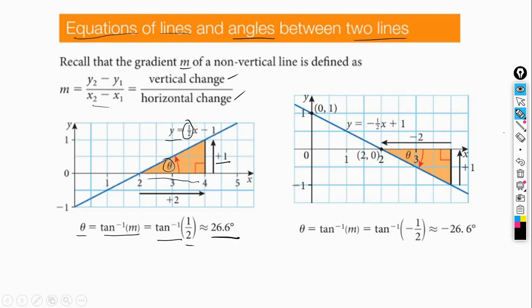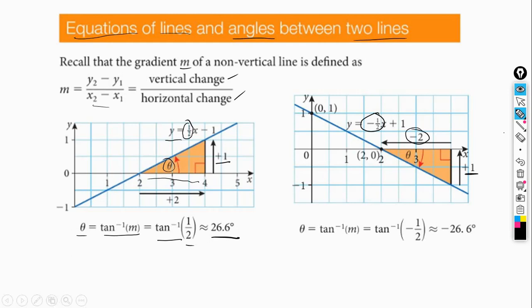The same applies to this other case on the right-hand side, where we have the equation of the line being negative 1/2 x plus 1. Now in this case, it means that for every 1 unit the line goes up in the y direction, it moves 2 units to the left.